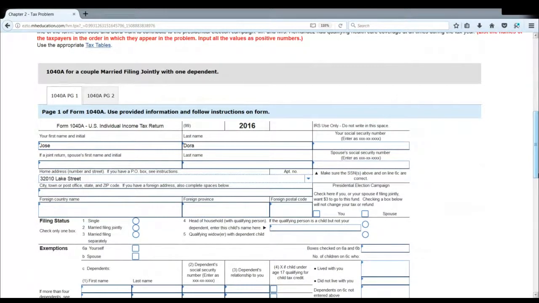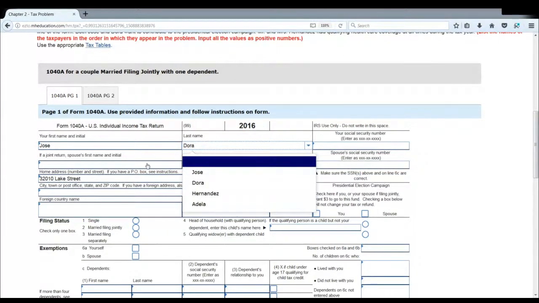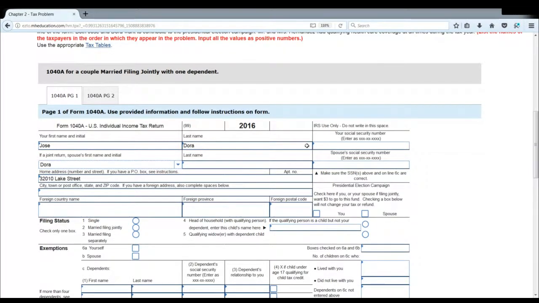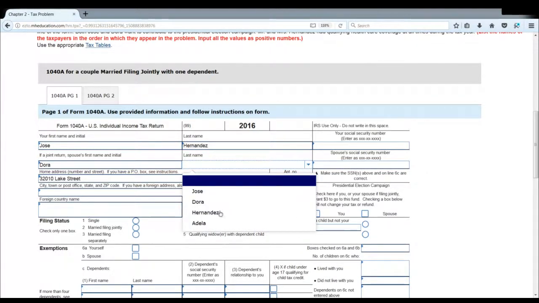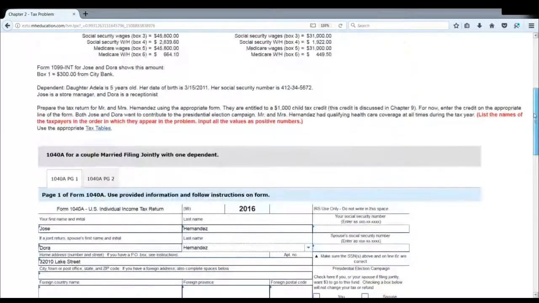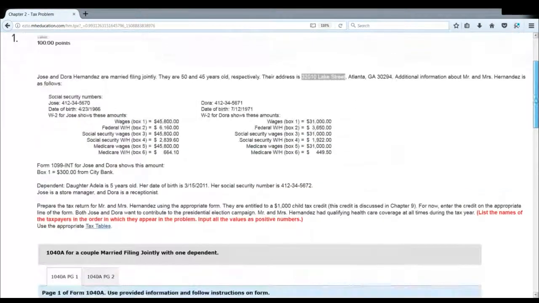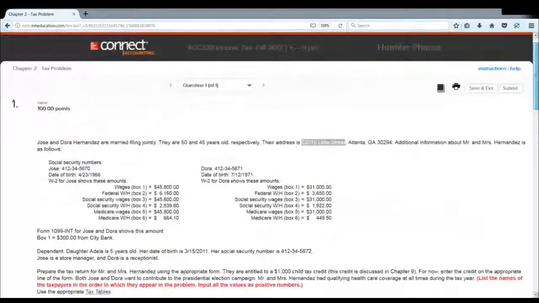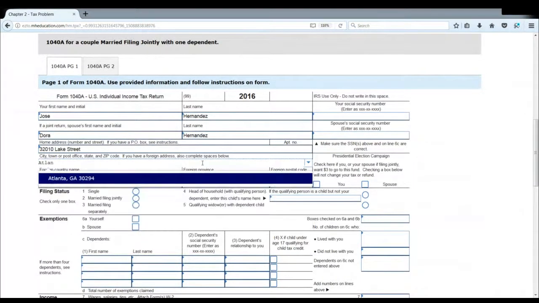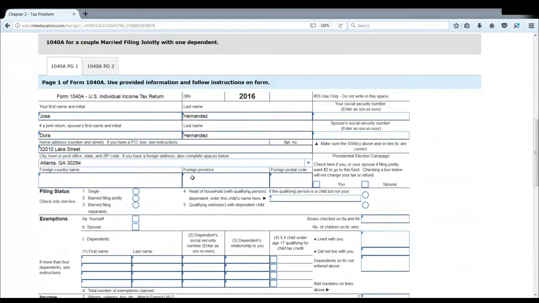And then maybe, yes? I think we put Dora where Jose's last name. Oh, I'm sorry. You're right. Why did they even give me that as an option? They're tricking me here. All right. Dora, of course, Hernandez. Okay. $30294. There we go.